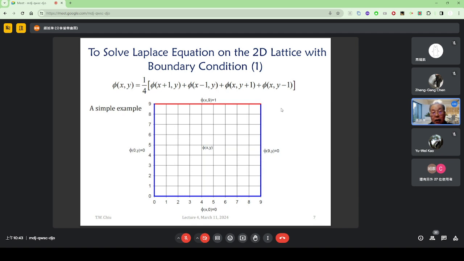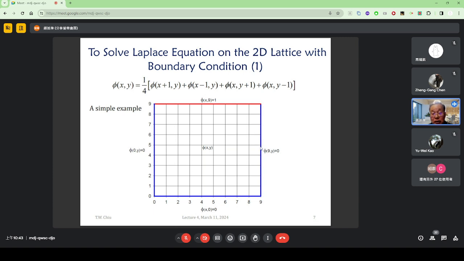In general, the boundary condition could be as complicated as you like. There may be a temperature gradient along this boundary, and another different variation along this one. This does not cause any problem. You just specify what the boundary is.